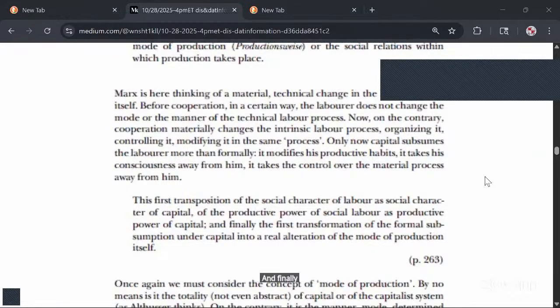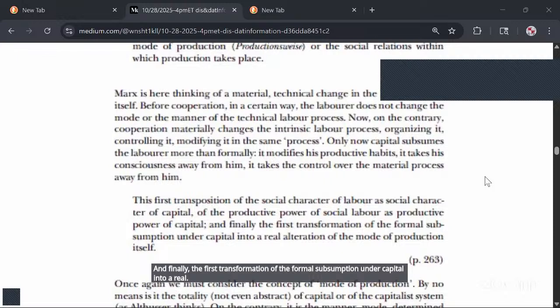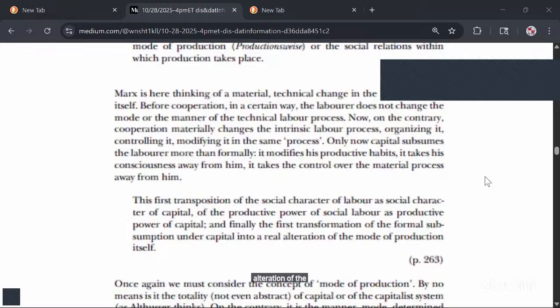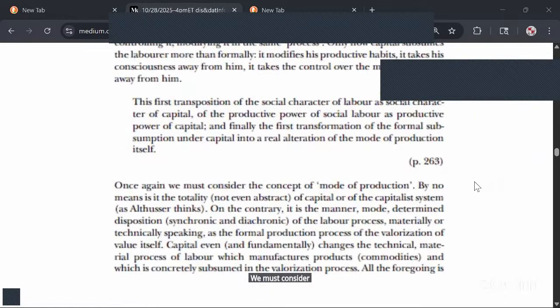And finally, the first transformation of the formal subsumption under capital into a real alteration of the mode of production itself. Close quote.